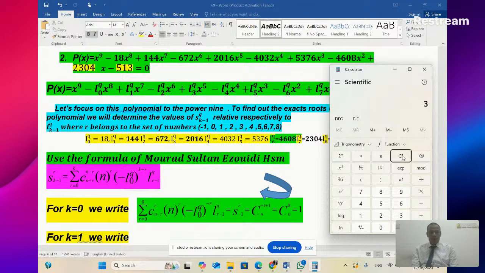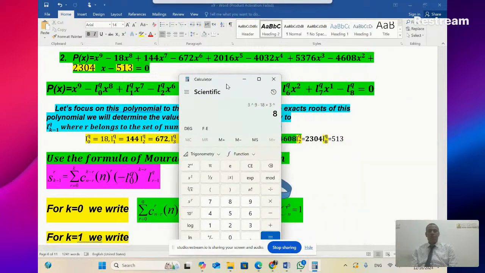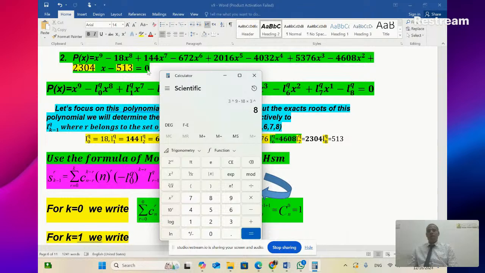Again, we calculate 3 raised to the power 9, minus 18 multiplied by 3 raised to the power 8, plus 144, minus 3 raised to the power 7, minus 674 multiplied by 3 raised to the power 6.